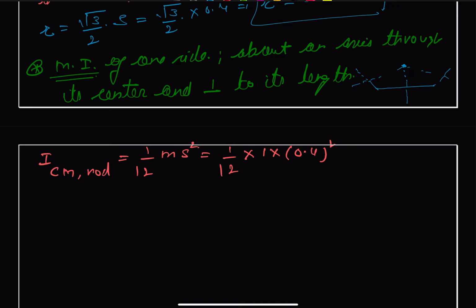So we get this is approximately equal to 0.0133, and we just found out that the rod's center is at the inner center, which is R. Okay. Therefore we are going to use parallel axis theorem to find out the moment of inertia about the hexagon center.